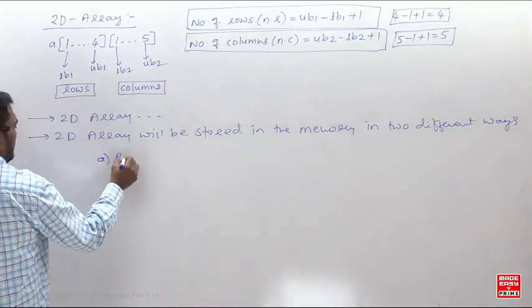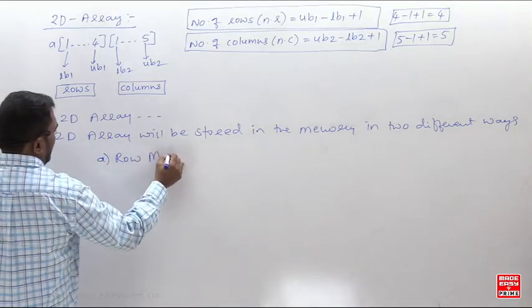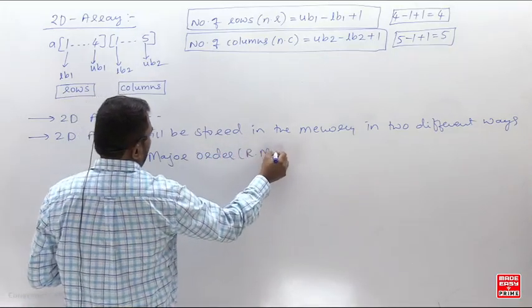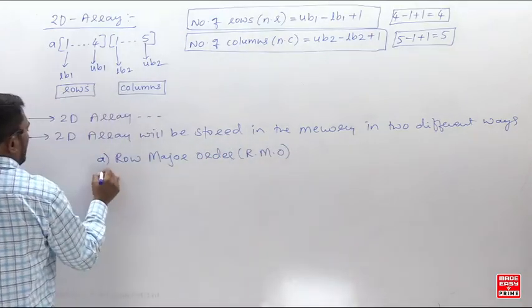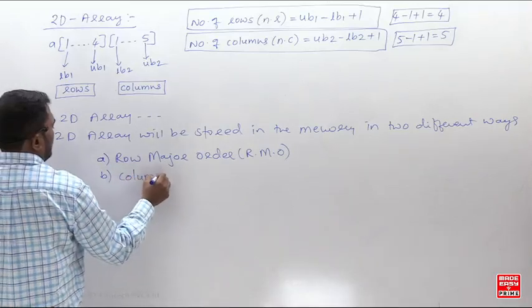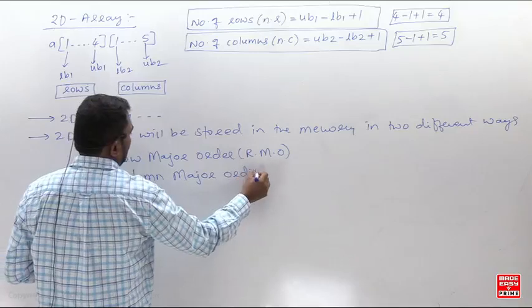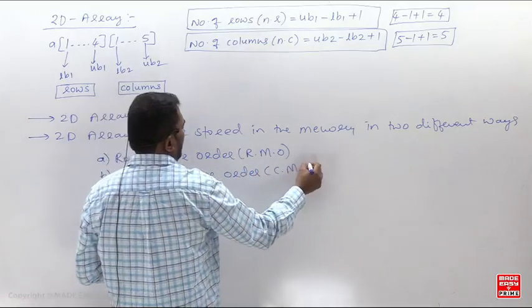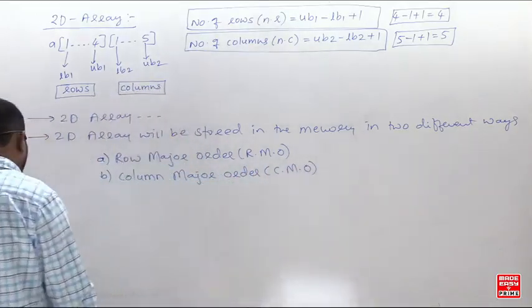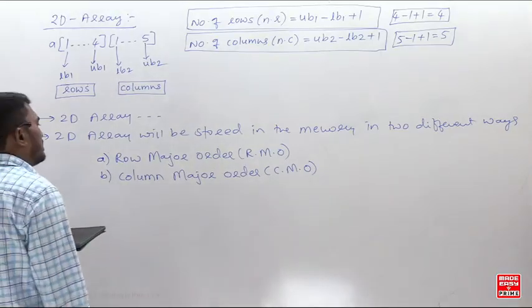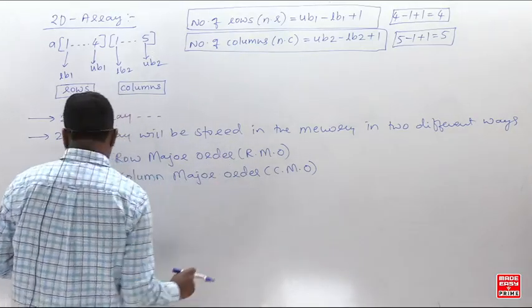Okay, note down. The first one is row major order. And the second one is column major order.